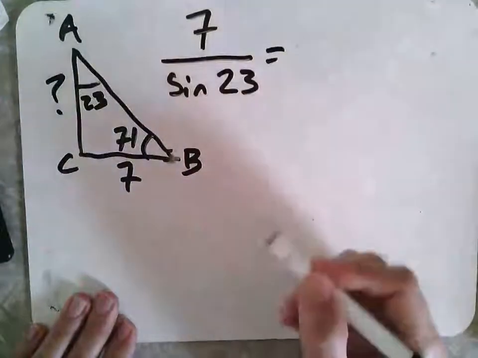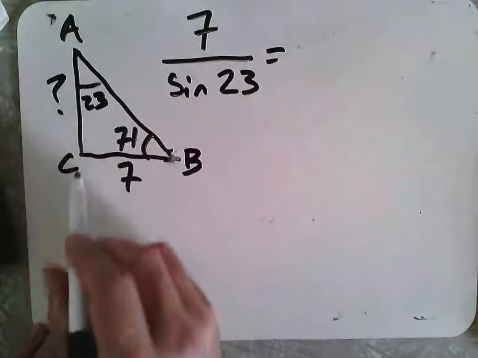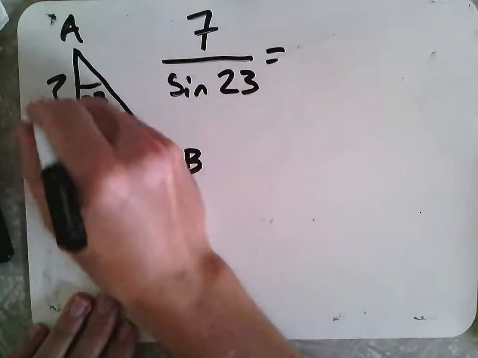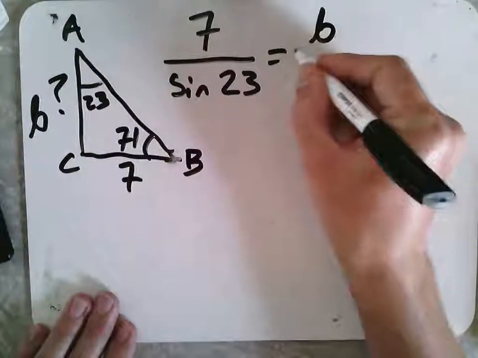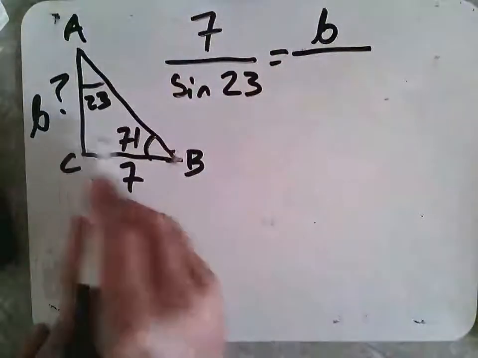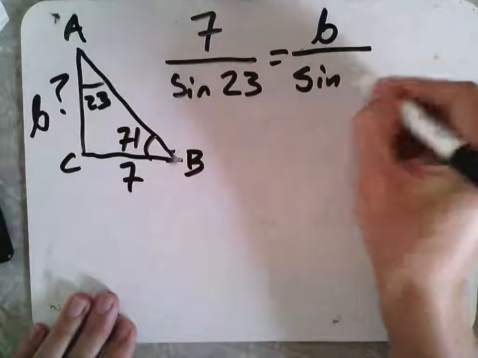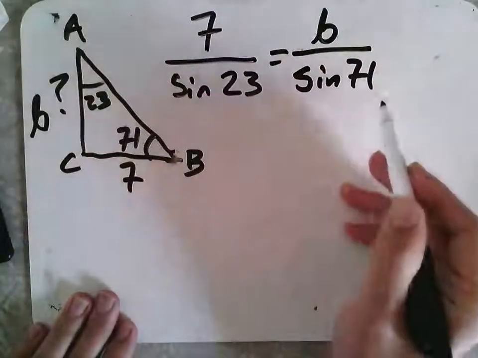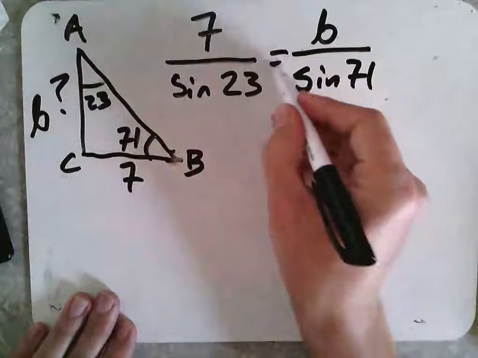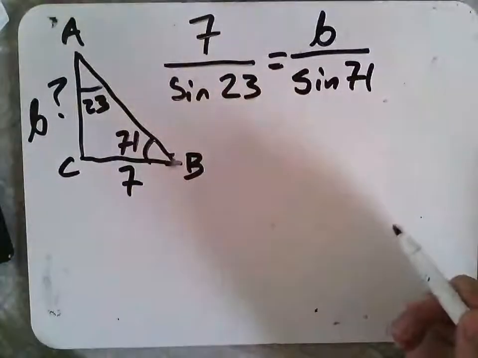Now this is going to be equal to the side length AC. I'm going to call that side little b, side little b divided by the sine of the angle across from it, sine of 71. Okay. Now I have a common ratio between these sides and the sines of the angles across from them, and I can figure out the length of side B.